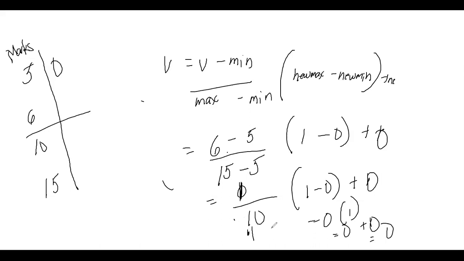And then we have times 1, because 1 minus 0 is equal to 1, and then plus 0. Okay, 0.1 times 1 is equal to 0.1. So our new value here is 0.1 for 6. Okay, another one, we have the 10 value. Okay, let's erase first, class.